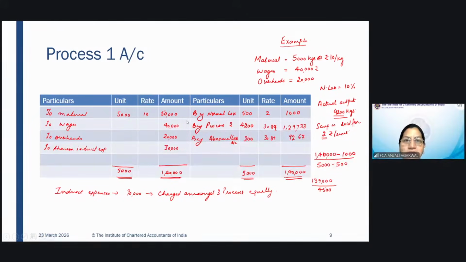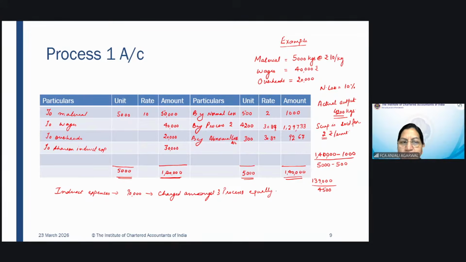We have another message on the chat. Let's see what it is. Why will the ratio of wages be used for indirect expenses? You can use any, like I said. If it is a material intensive industry, you should go by the ratio of material cost. If it is labor intensive, you can go by the labor cost. You can take it as a percentage of prime cost. So you can take any base.